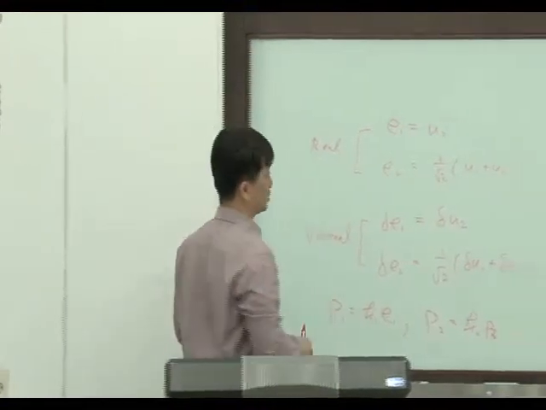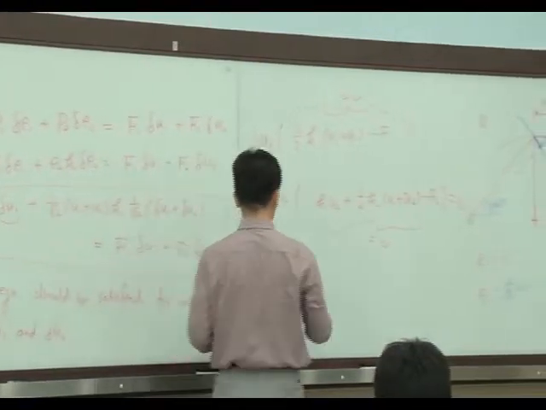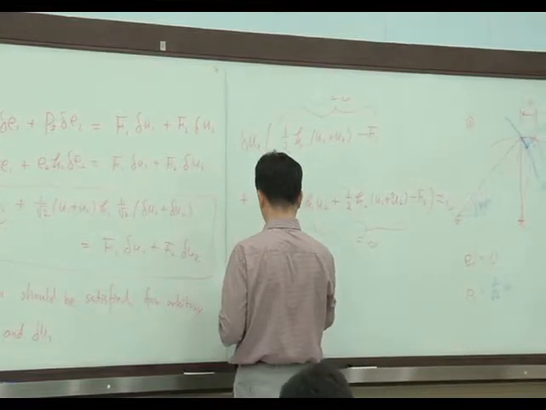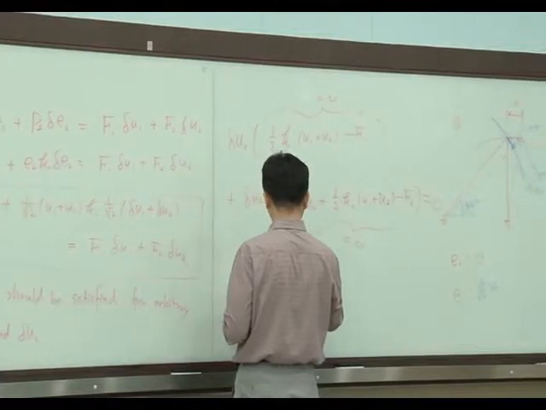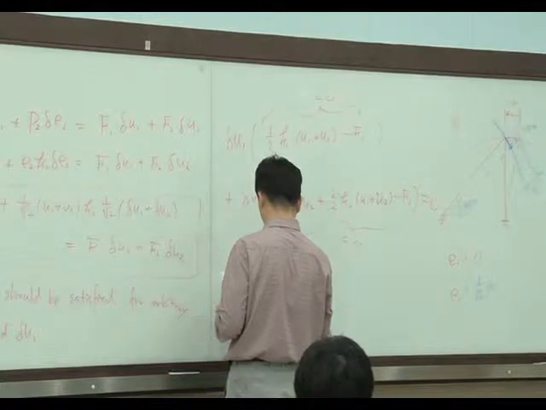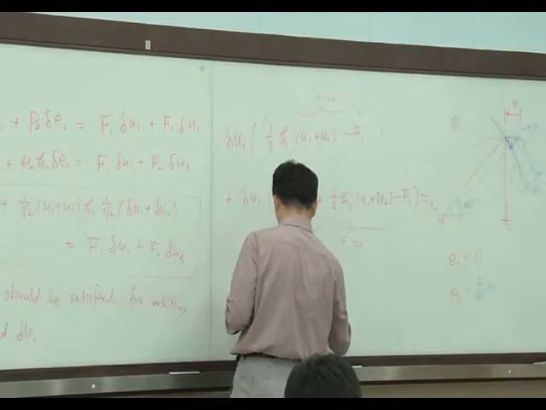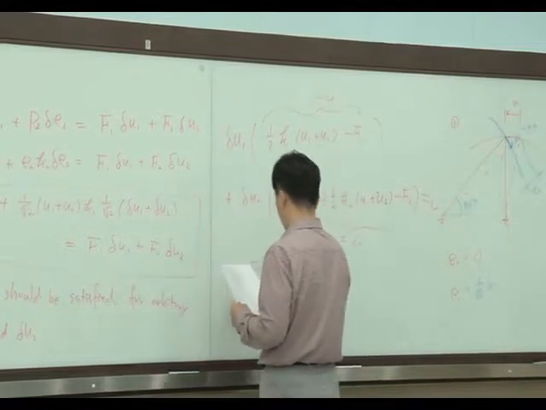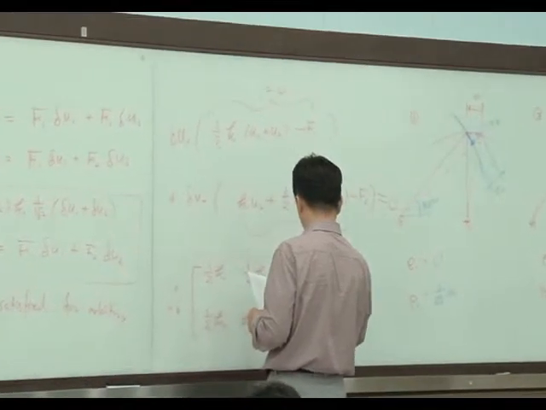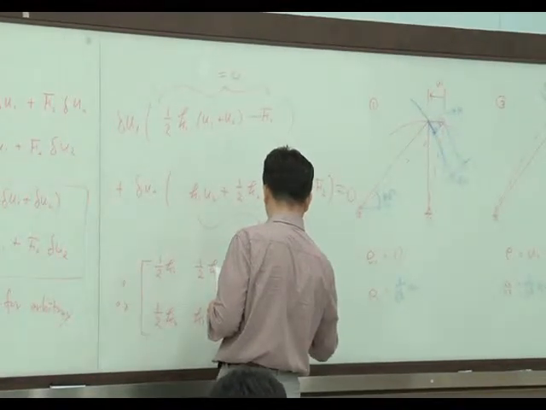So finally, these are both linear equations. Finally, we can write them down in matrix form. In matrix form, the matrix with 1 over 2 K2, 1 over 2 K2, and K1 plus 1 over 2 K2, times U1, U2, equals F1, F2.